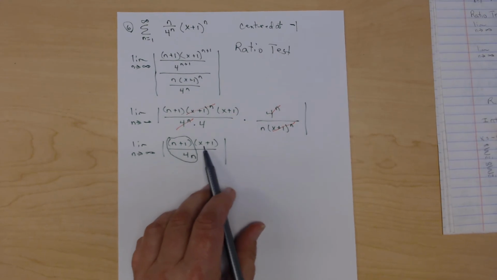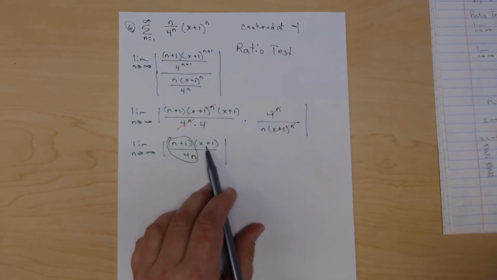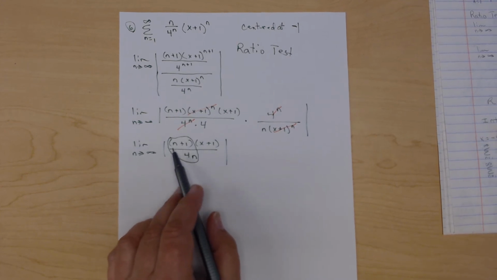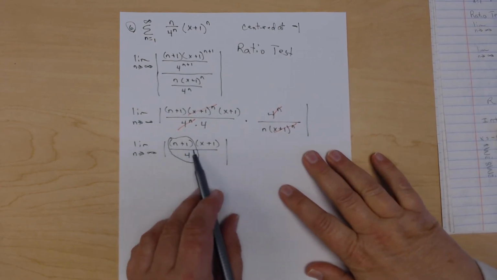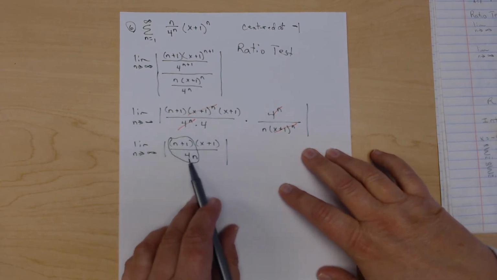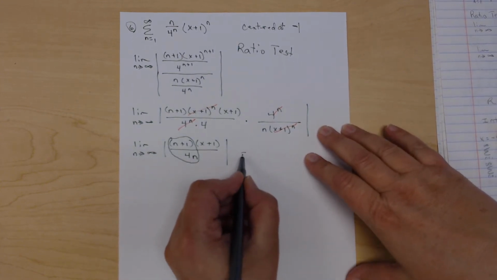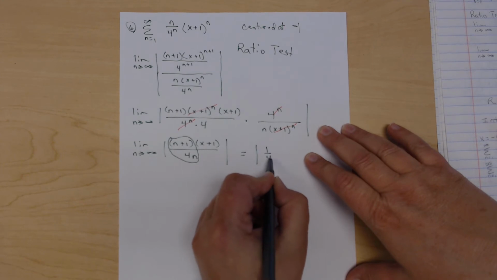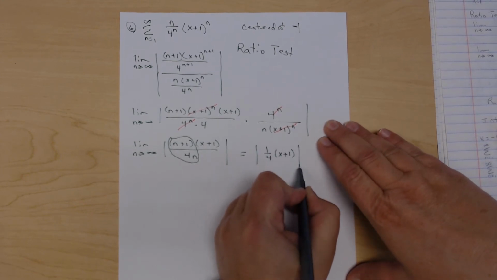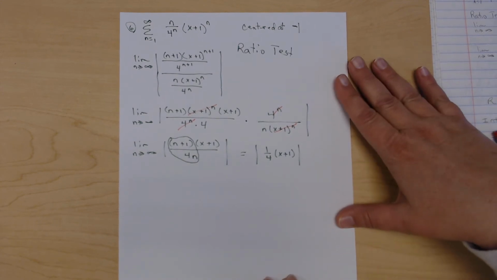This doesn't really have an impact. It's kind of like a constant almost, right? Because eventually x is going to be a number. And because they're both to the first, my limit then is the lead coefficients, which is 1/4. So it's 1/4 times the absolute value of x plus 1. That just tags along.